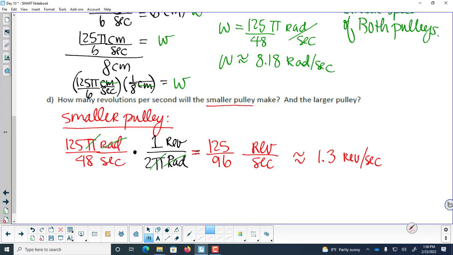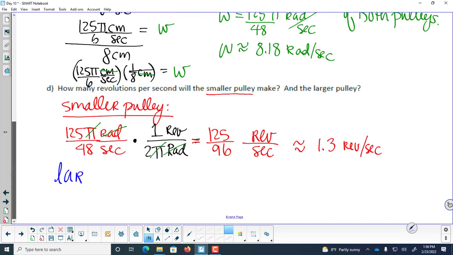Or, sorry, they give us the revolutions, so we don't have to do any converting, do we? Can you use the angular speed? Yes, but you can use the revolutions too. Actually, it gave us that in the beginning, in 36 seconds.